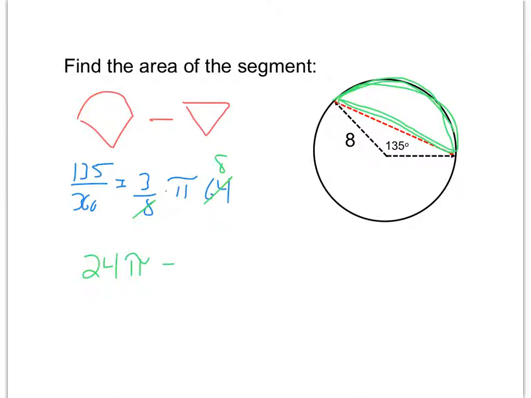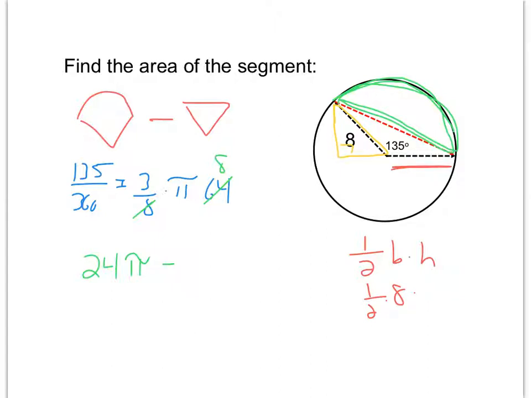Which is going to be 1/2 base times height. We'll do that over here to the side in red. My base, we can see, is a radius, which is 8. And now let's look at the height. I'll do this in yellow. Do we see we have a right triangle right here?